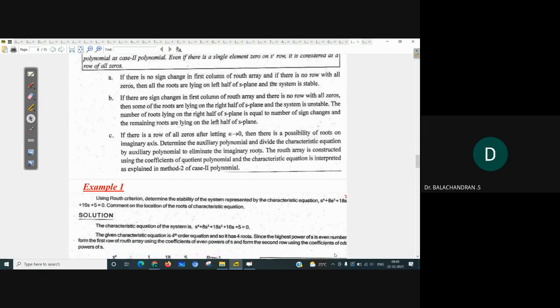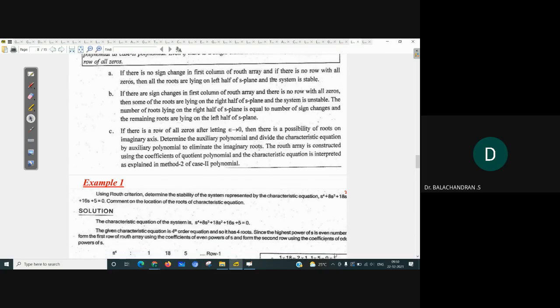So for s power 4, what coefficients will be there? Coefficient of s power 4, then coefficient of s square, and then the constant term: 1, 18, 5. That is the first row.